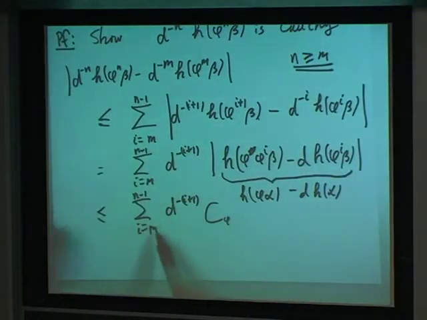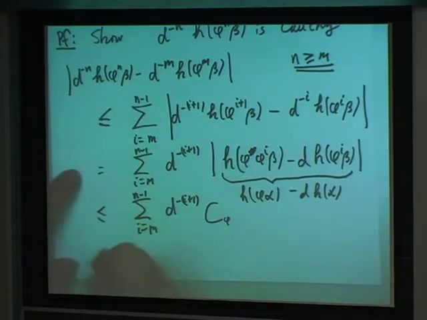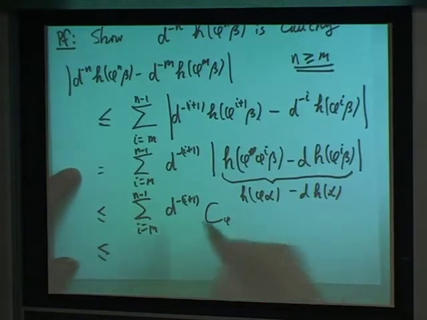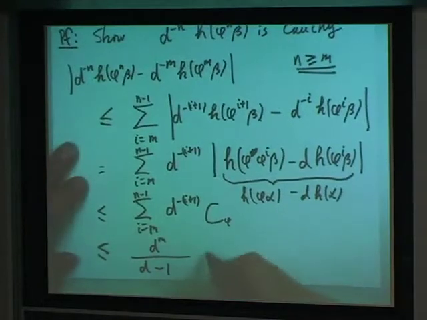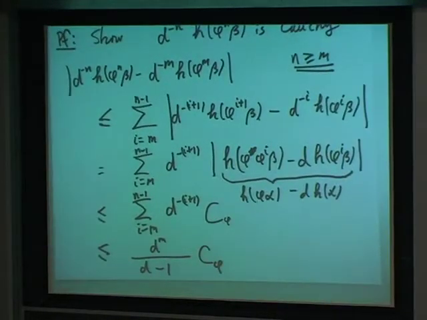So maybe let me just take the sum from i equals m all the way up to infinity. Then I can sum the geometric series. If you sum the geometric series and then rearrange it a little bit, you'll get this, okay?